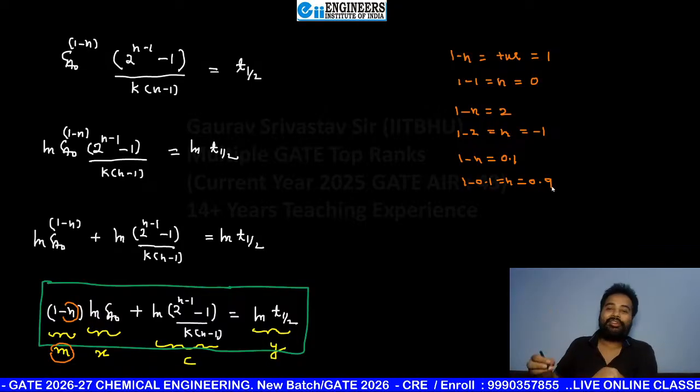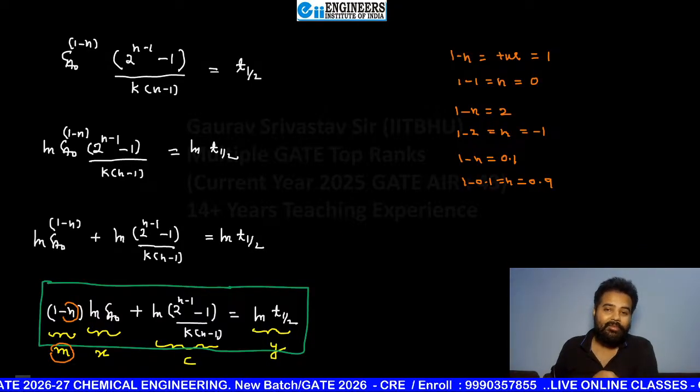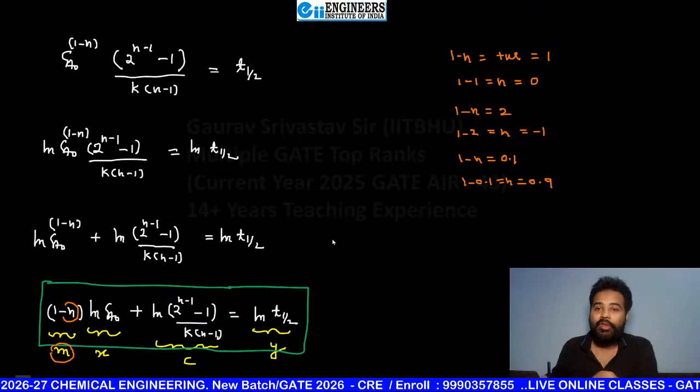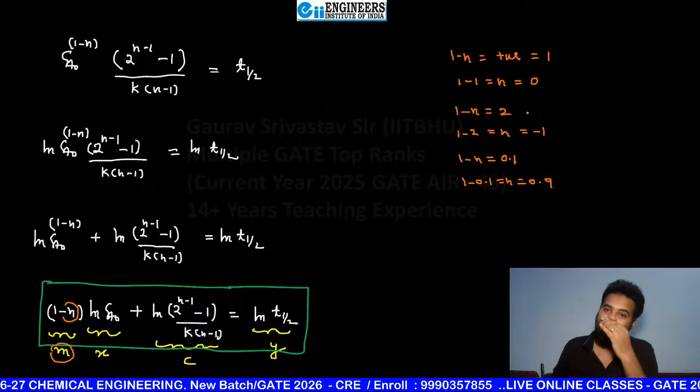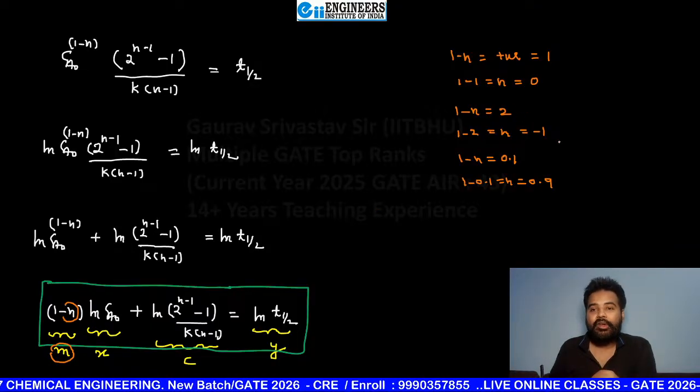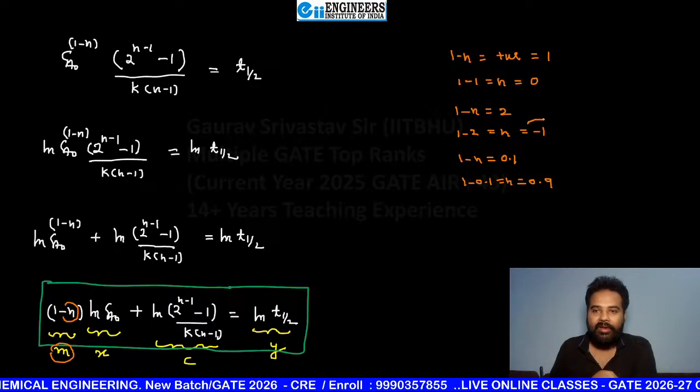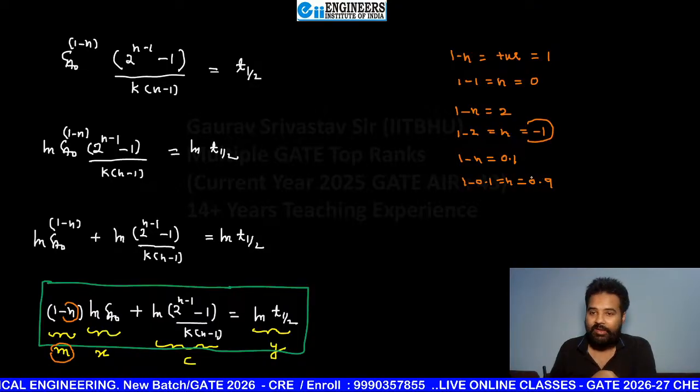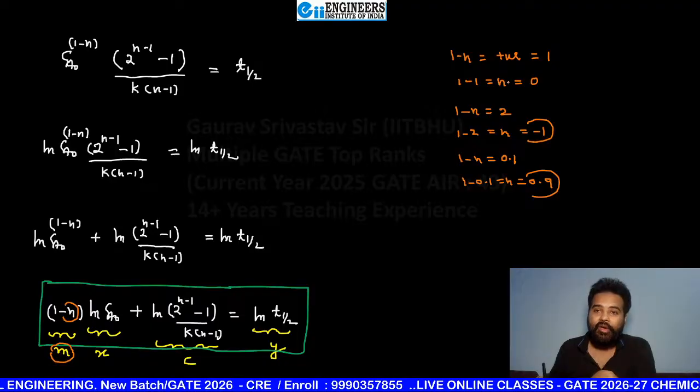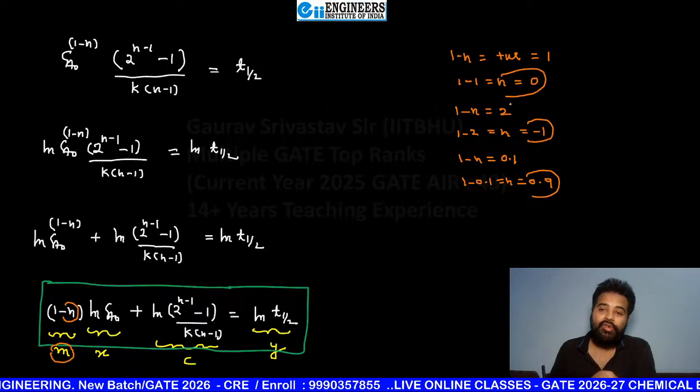Yeah, very good. Because you are writing positive slope, positive can happen when n is -1, or n is 0.9, or n is 0.